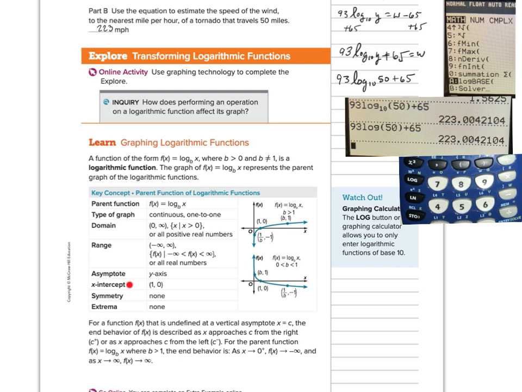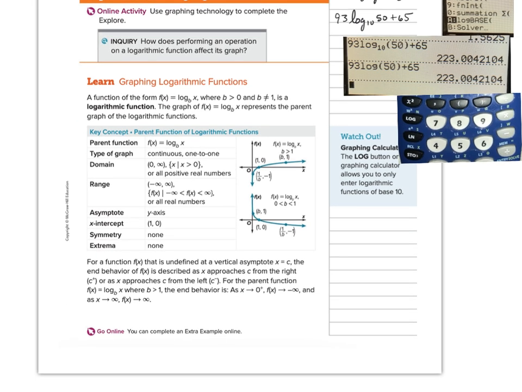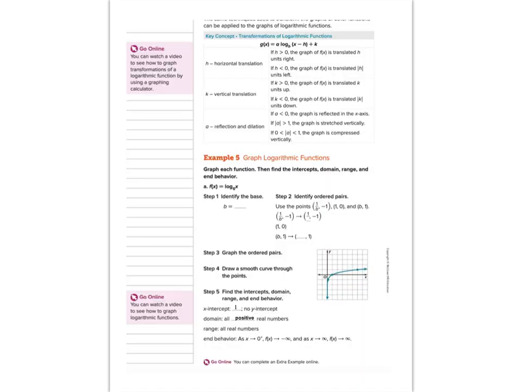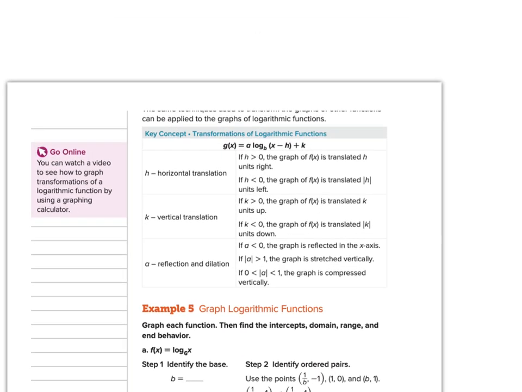You should be able to look at this and identify what my x-intercepts are, what my end behavior is. Those kinds of things you should be able to recognize just based on your understanding of those words.